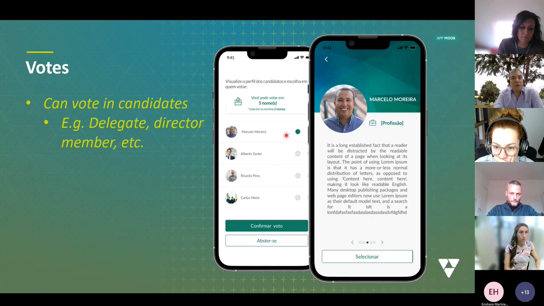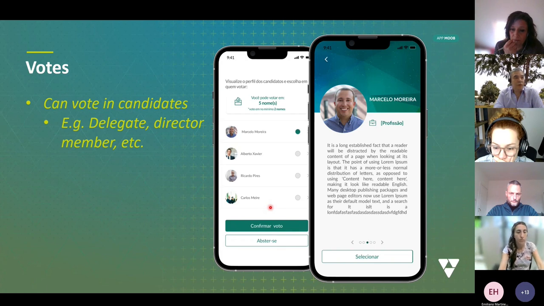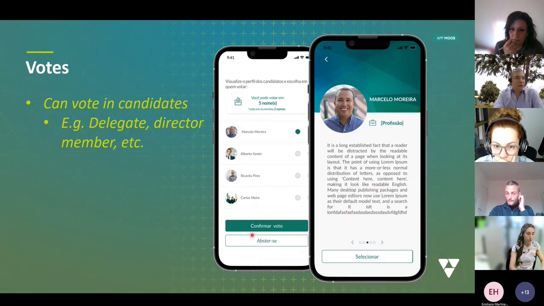Here is an example where we have a list of people that can be voted for. All this insertion is done in our backend, and here we have the name of the person, the photo, and a briefing about them, and the people can select and confirm the vote.